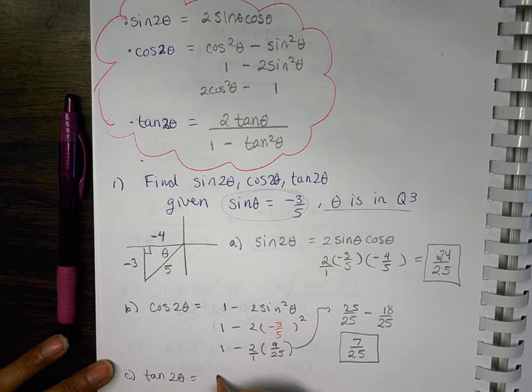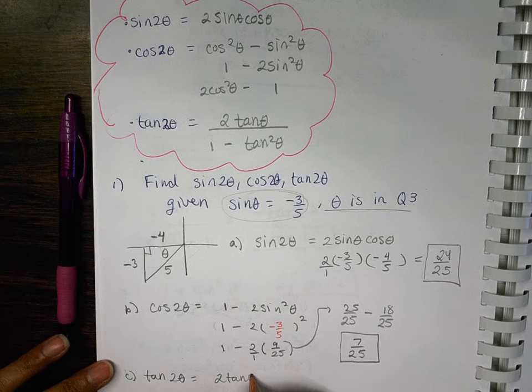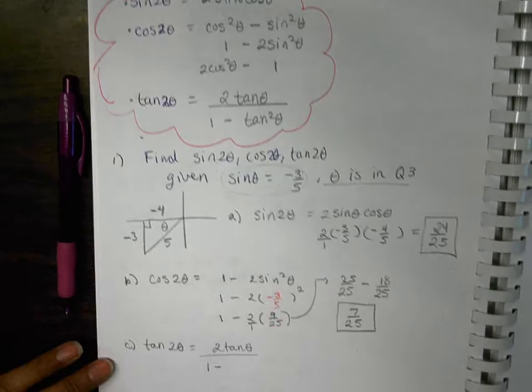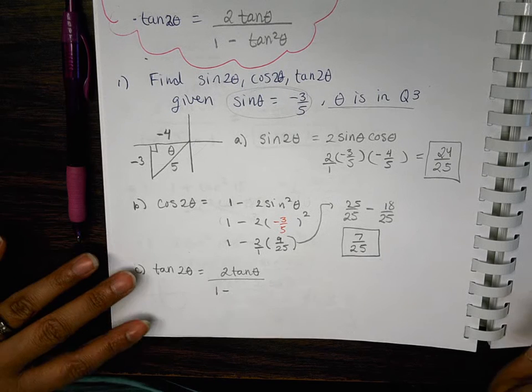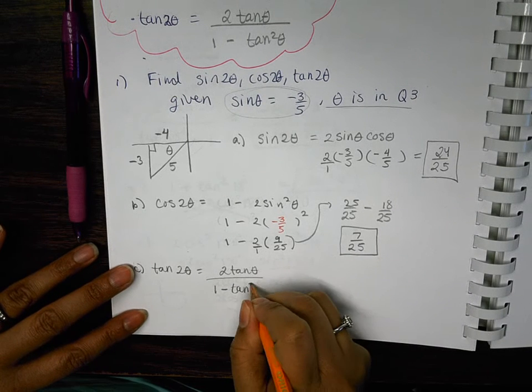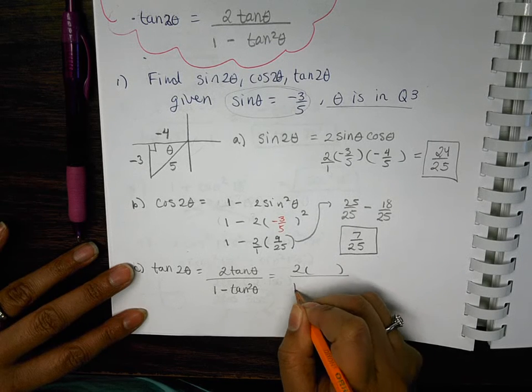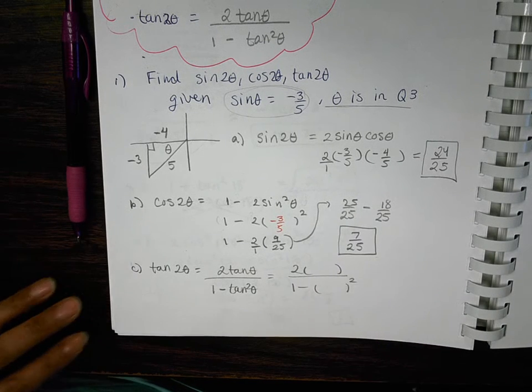All right, so that equals what? 2 tan theta over 1 minus what? Tan squared theta. So this gives me 2 blank over 1 minus blank squared.